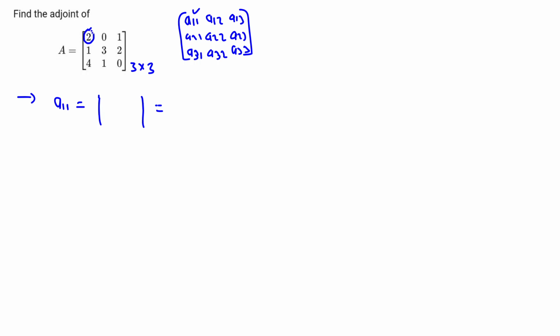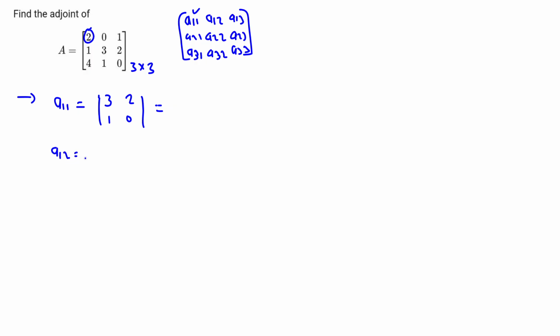This point 2 lies in the first row and first column, so you just skip the first row and first column, and the remaining 4 points you put here. That is 3, 2, 1, 0. I just consider that point and skip the row and column it lies in, and I put here the remaining 4 points.